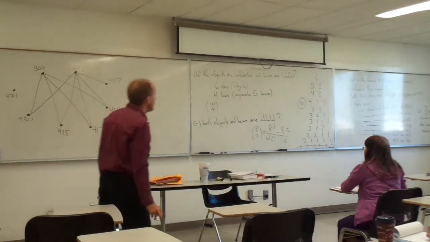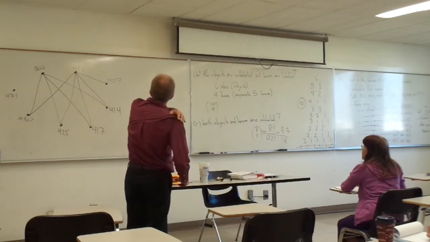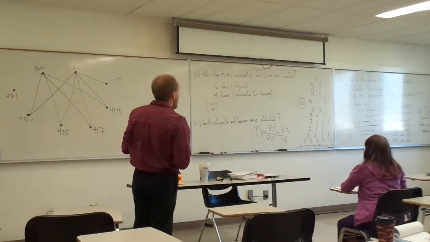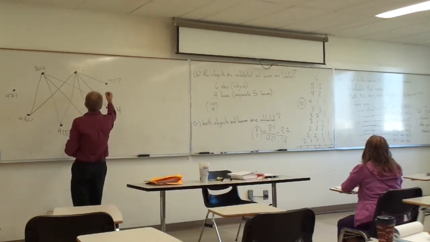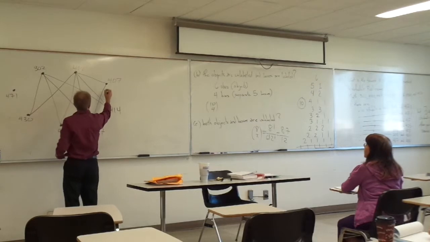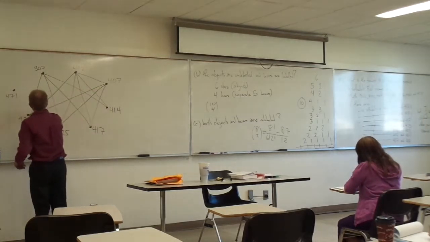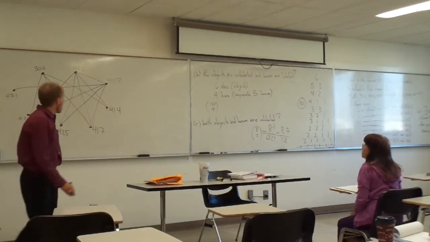Okay, how about 407? So 407, there's no edge from 407 to 414, right? But everything else has to be connected. So 407 to 417, 407 to 425, 407 to 430, and 407 to 471, right? Okay.